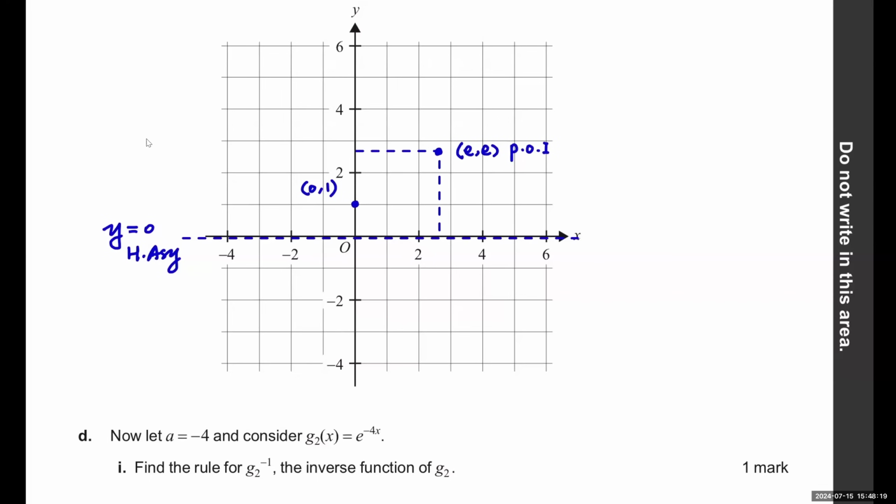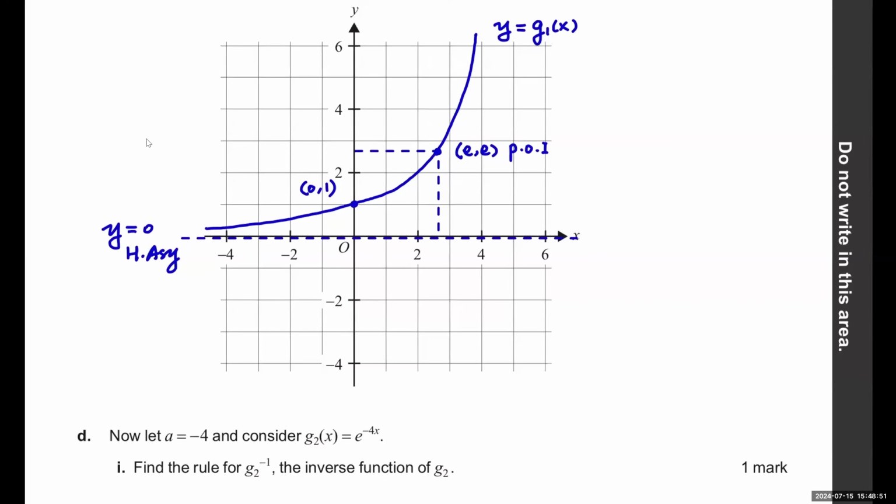I need to show a better curvature around this point, something like that, and a good asymptotic behavior. This is y equals g1 of x.